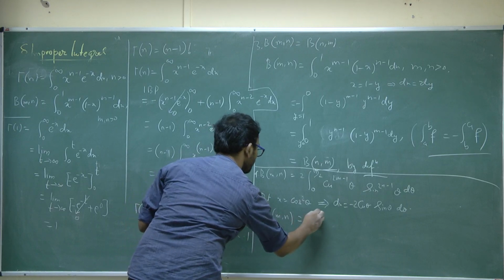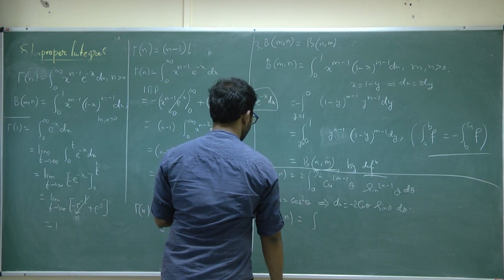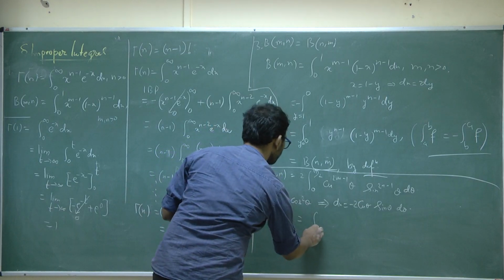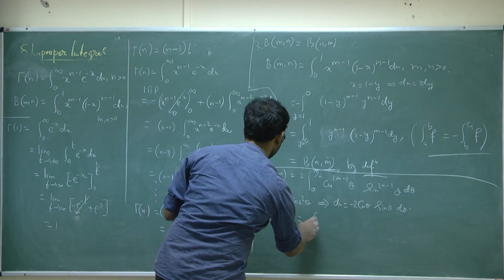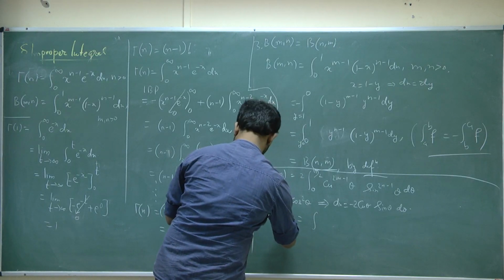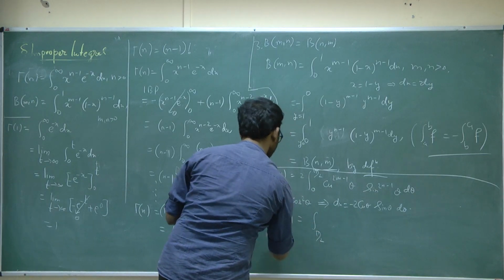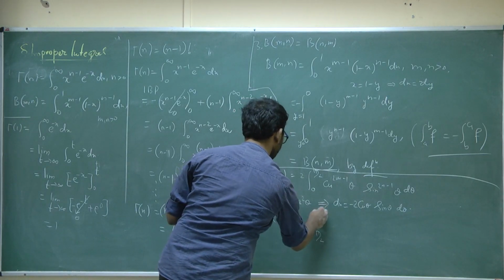So, therefore, our beta function will reduce to an integral where, when x is 0, theta is pi by 2, and when x is 1, theta is 0.